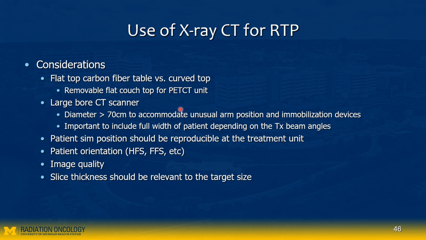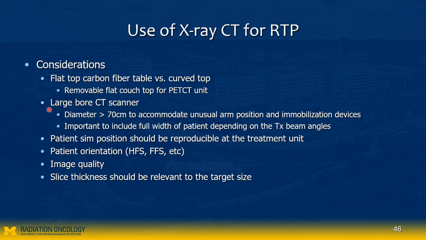Ideally, when you take a PET CT of your radiation oncology patient, you can add a removable flat top couch and acquire the PET CT on a flat top table. You might have noticed that when our CT scanner is down, sometimes we scan our patient in the radiology department. The first thing we make sure is to attach this removable flat couch top onto the radiology department couch top so that we can acquire the patient with a flat top.